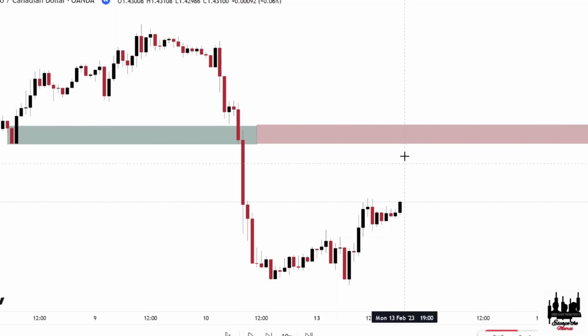So when price revisits this area, we can expect that this demand area turns supply and these buy orders were overtaken by sell orders.